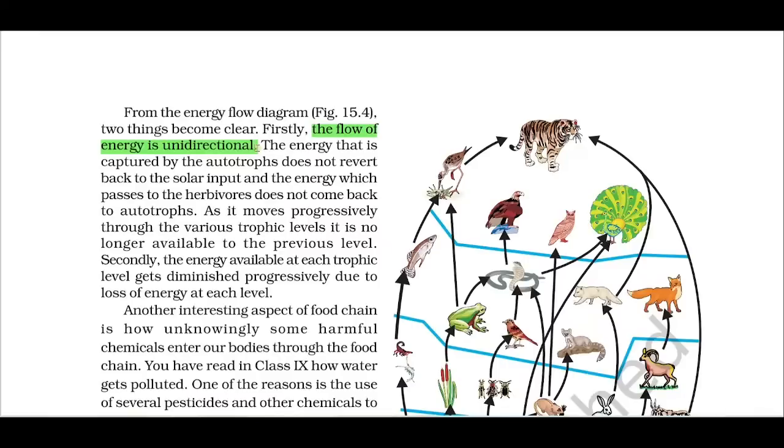In the same way, the energy taken by the herbivores from the plants cannot be given back to the autotrophs. The energy level from one trophic level to another decreases. What is the percentage of energy transfer that happens? Only 10% of the energy available.